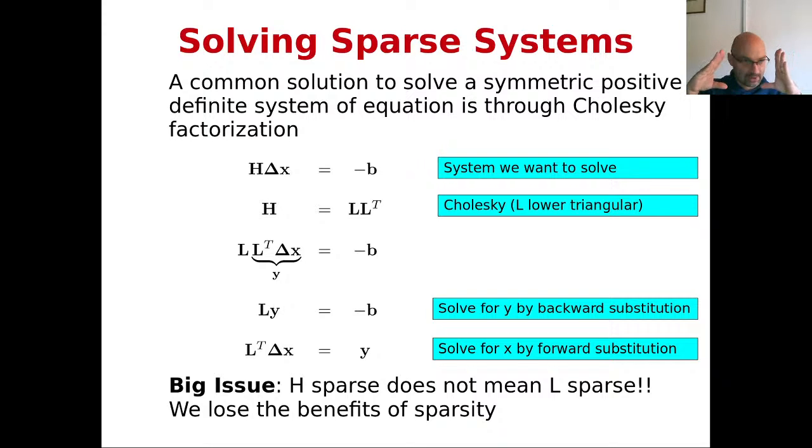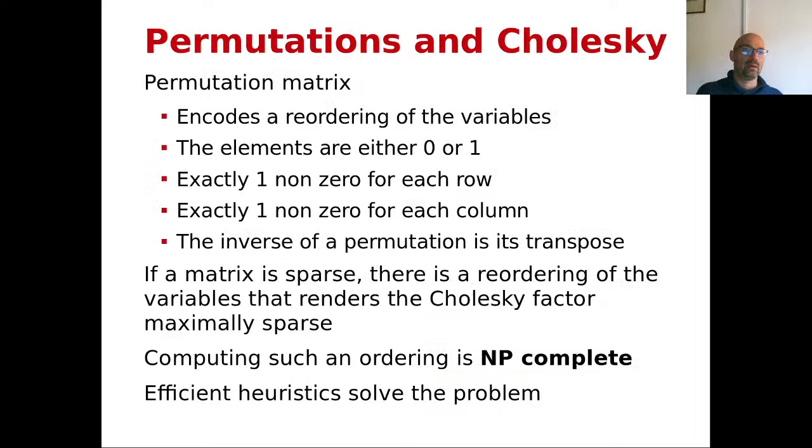And then the second thing is that, assuming that you have a super fast way to calculate this, which is impossible, then you have to solve the linear system with back substitution and forward substitution. So solve lower triangular and upper triangular. And then still, also in this case, you lose time, because you lose a time which is proportional to the number of non-zero elements in L. So what can we do?